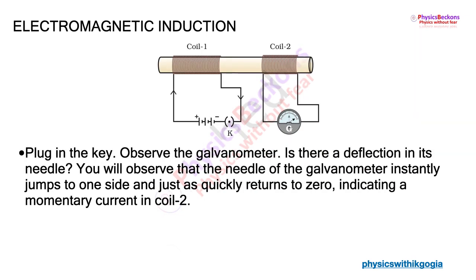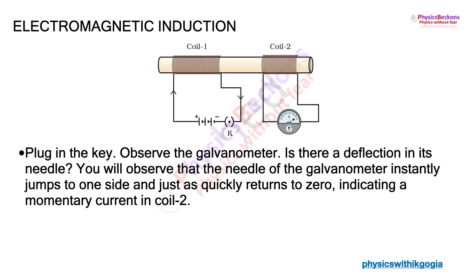Plug in the key and observe the galvanometer. You will find that there is a sudden deflection in the galvanometer in a particular direction. We have to note the deflection, means magnitude, as well as the direction. The galvanometer is seen to jump quickly and then return to 0, indicating that there is a momentary current flowing for a very short duration in coil 2.